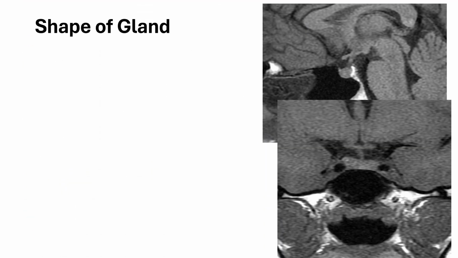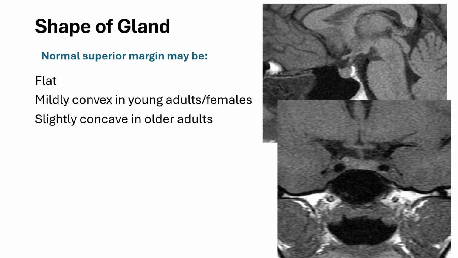Now the shape of the gland. The normal superior margin may be flat, mildly convex, or slightly concave, depending on the age of the patient.